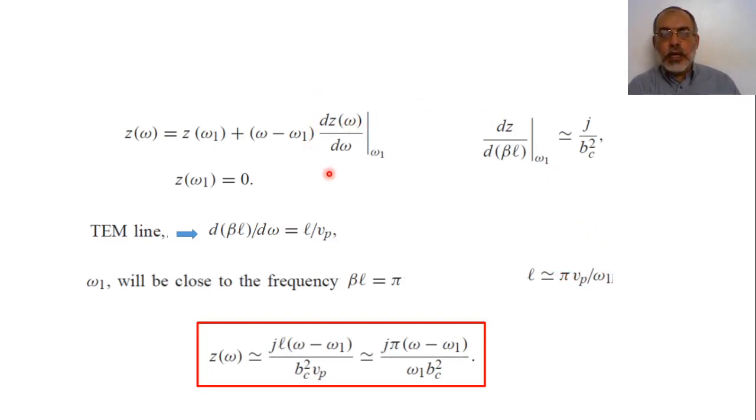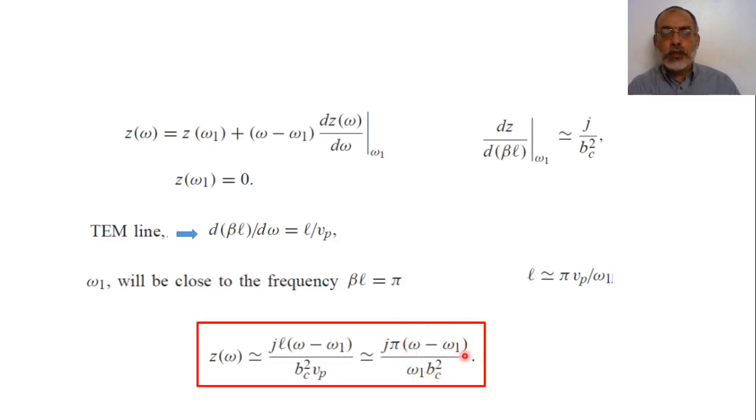So this term completely can be replaced by j pi over omega 1 BC squared.